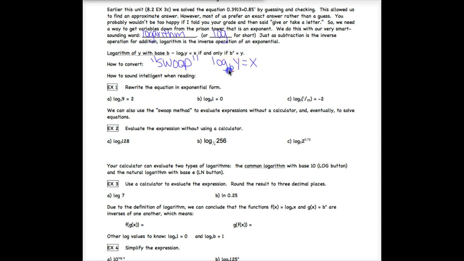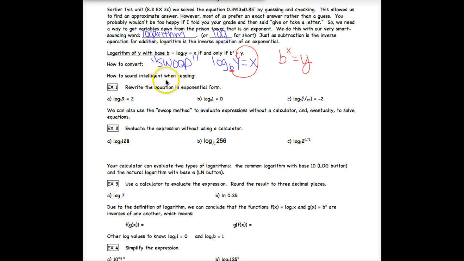So we're going to start here, and we are going to swoop across the equal sign to pick up the x as our exponent. And when we switch back, we put the equal sign in. So b to the x, the second time we come around the equals, we put it in, equals y. And notice that's exactly what it says here. So we call it a swoop because we're swooping around, picking up the exponent, bringing the equals back, and then finally getting our y. So that's what we call the swoop.